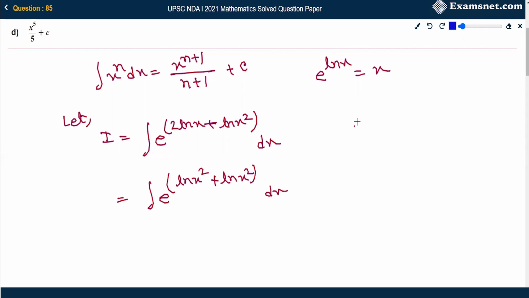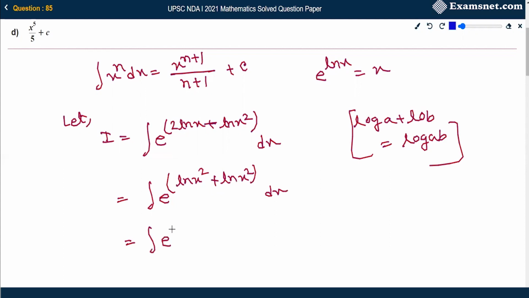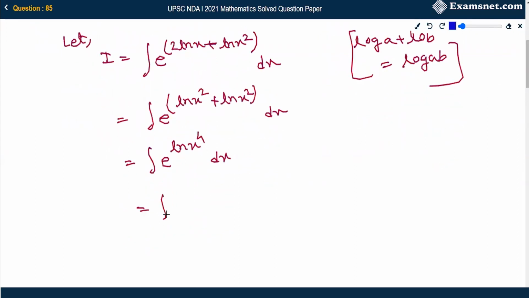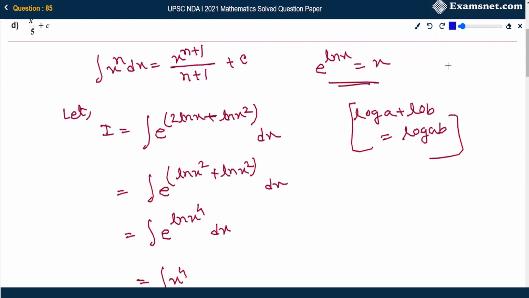Like we know, log a plus log b can be written as log ab. Exactly the same way we can write e to the power ln x to the power 4 dx. So e to the power ln x to the power 4 can be written as x to the power 4, with reference to this formula.